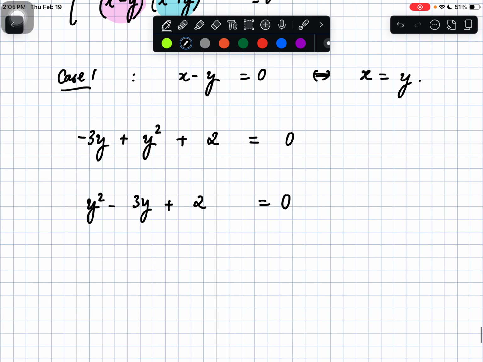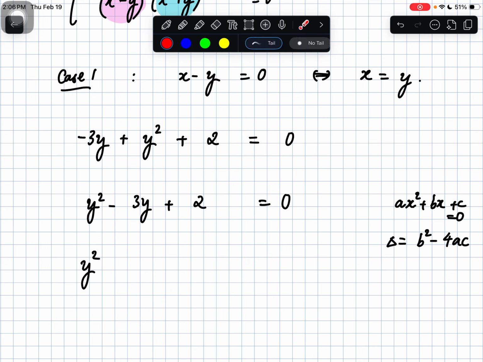In general, for ax squared plus bx plus c equals 0, you compute delta, b squared minus 4ac. But in this case, I can guess the solution immediately. You can factor y squared minus 3y plus 2 in the form (y minus a)(y minus b) equals 0.